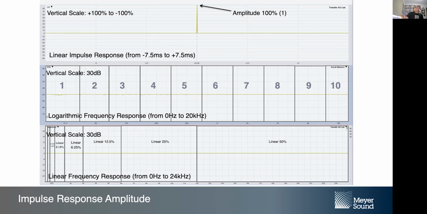Okay, so now we can see here in the top graphic, that's the input response. In the middle graphic, this is a frequency response, and we have a 30 decibel range from the center to the top and 30 decibel range from the center to the bottom.